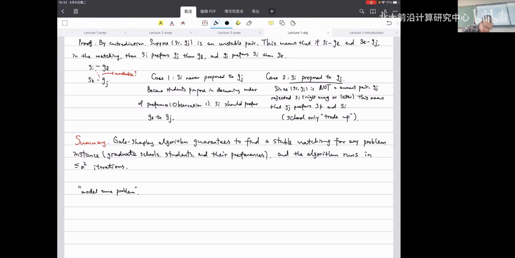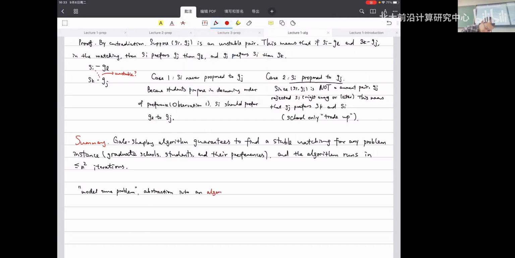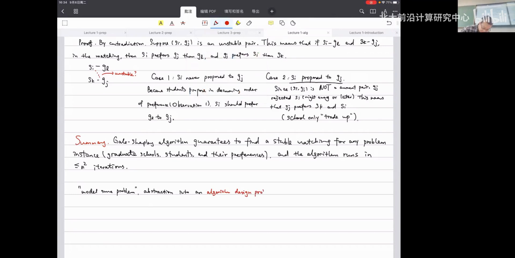But a very important thing is that you want to model some problem. This is such an abstraction into an algorithm design problem. And the goal is that we want to give some rigorous guarantee.